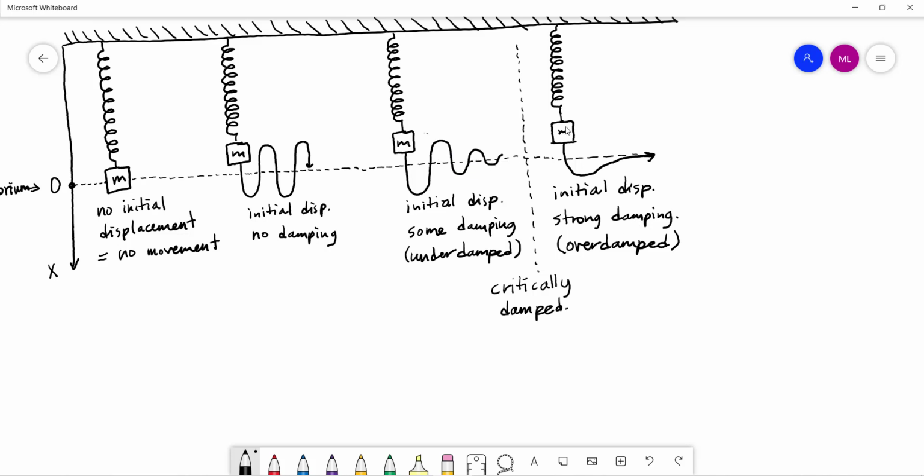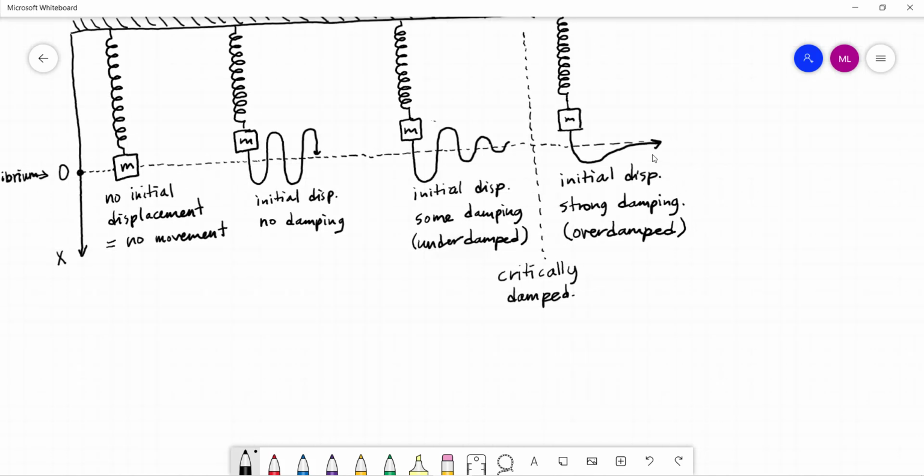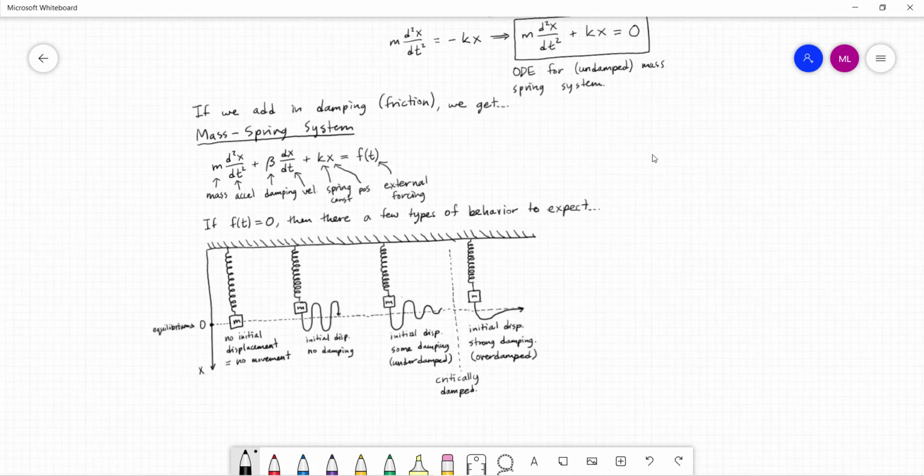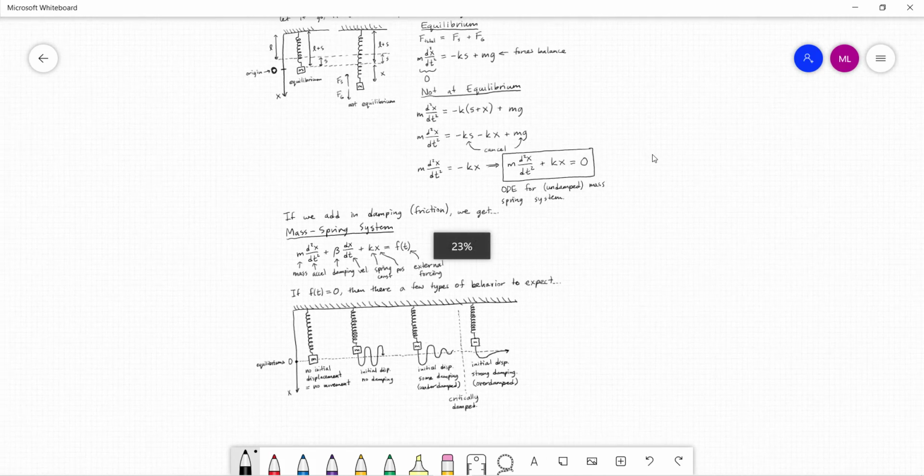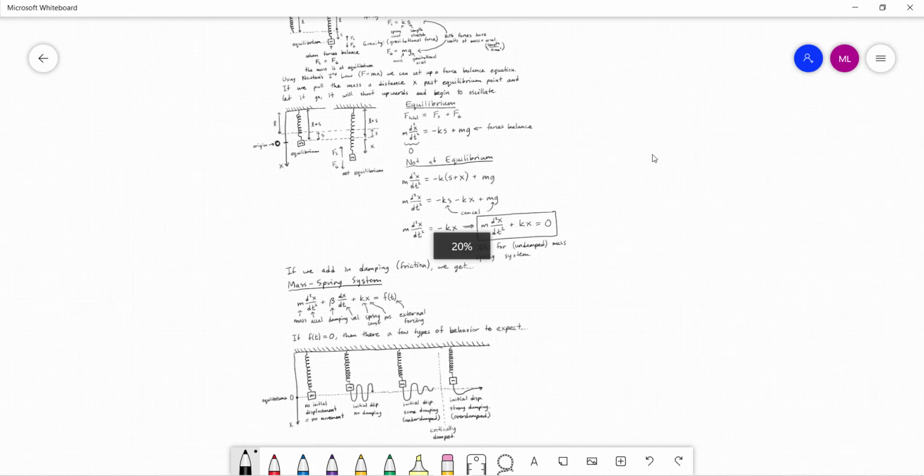And if we have really strong damping, we may not see any oscillations at all. It'll just go maybe past it once and then to the equilibrium point. So these are the different cases that we would intuitively expect to see. I want to show that we're going to actually get these exact same behaviors mathematically when we do the math on all of this. Okay, so far, this has been very, very physicsy.